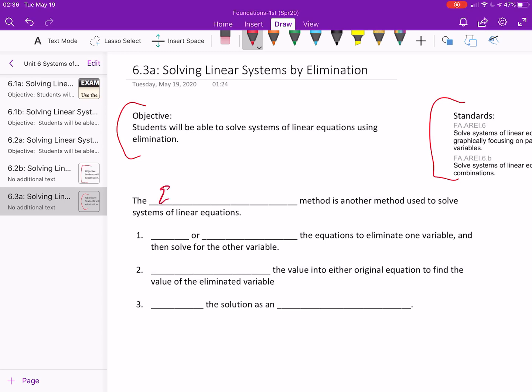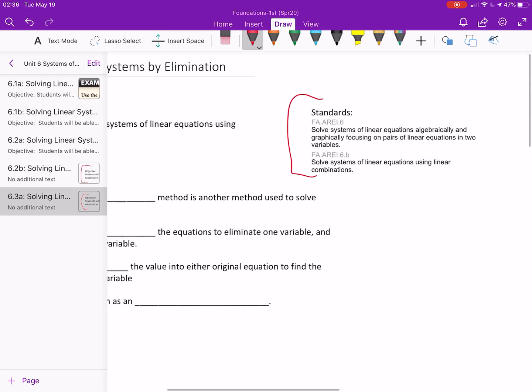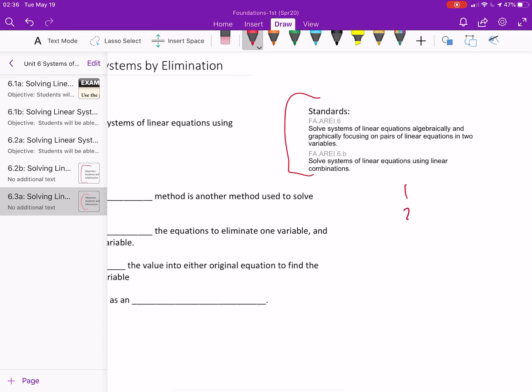So the elimination method is another method used to solve systems of linear equations. Now, if you recall, we've dealt with three different methods in this unit. Method 1 was solving by graphing. Method 2 was solving by substitution.